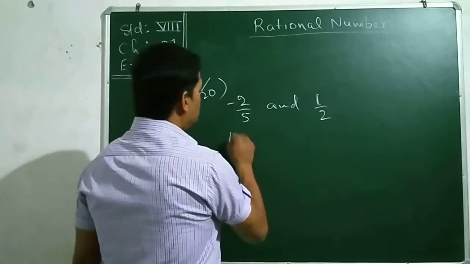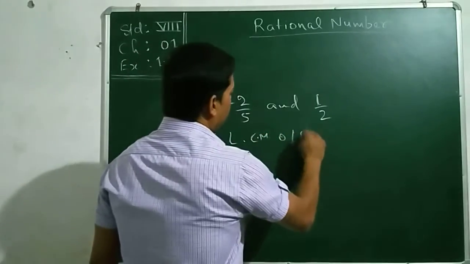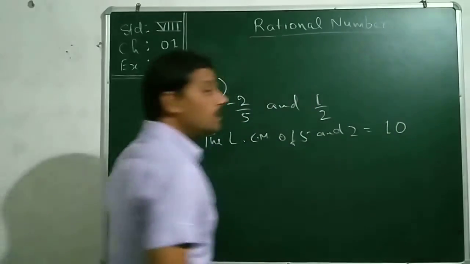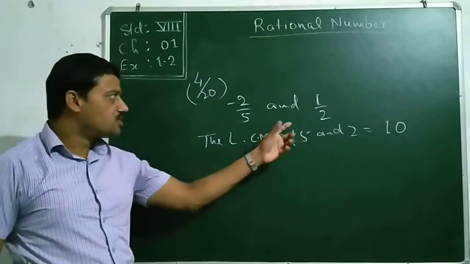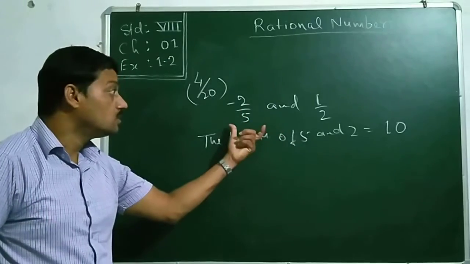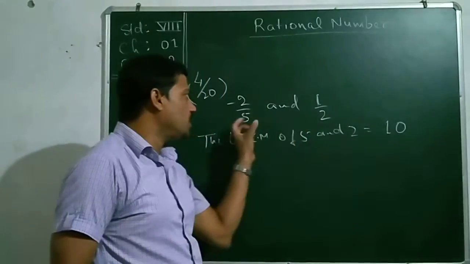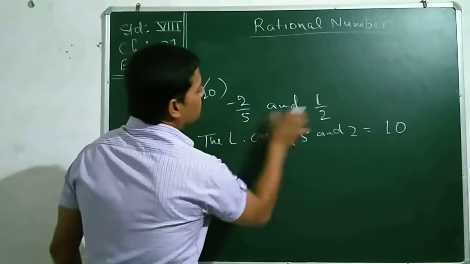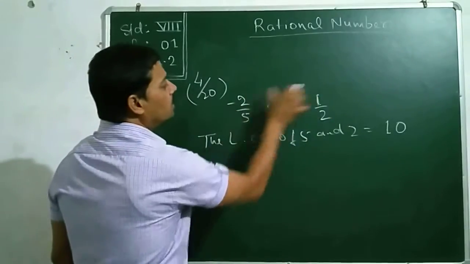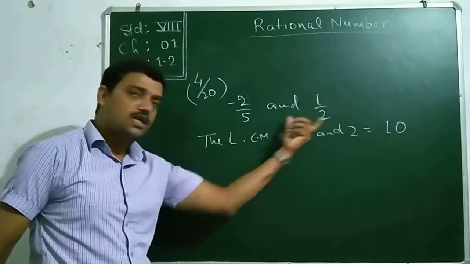See how. First of all, we need to take the LCM of 5 and 2. That will be 10. Now take such a multiple of 10 that should be made the denominator of these two rational numbers, such that we can find 10 numbers between the numerators, as the denominators are common.